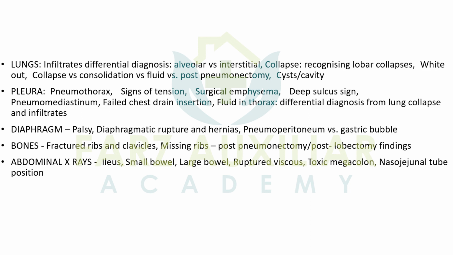Bones: any fracture of the ribs and clavicle, missing ribs. Abdominal X-ray: ileus, small bowel, large bowel, rupture viscus, toxic megacolon, nasojejunal tube position. So they can ask these types of things in the exam.